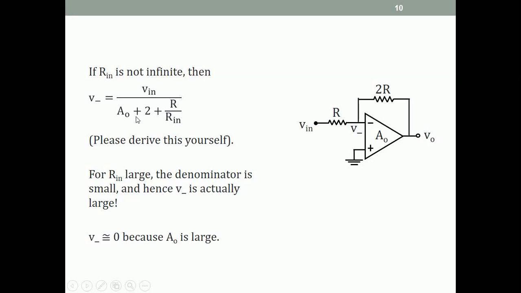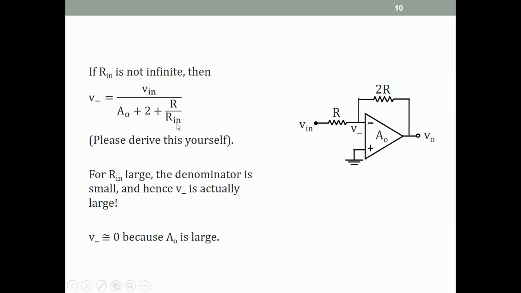Now let us look at this expression. What is this saying? If Rin is large, then this term is small. So just for the sake of argument, we ignore A0, then we say if Rin is large, the denominator is small. If the denominator is small, this expression is large. So V minus is large. I want V minus to be 0. It's virtual ground.